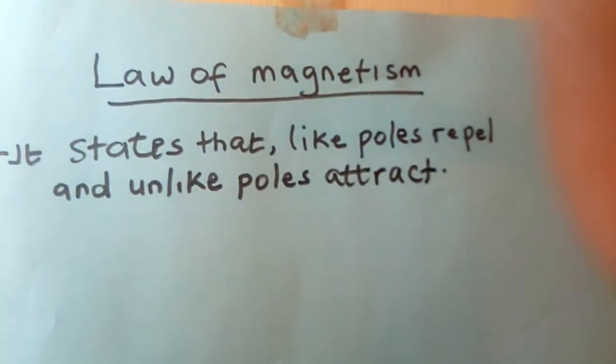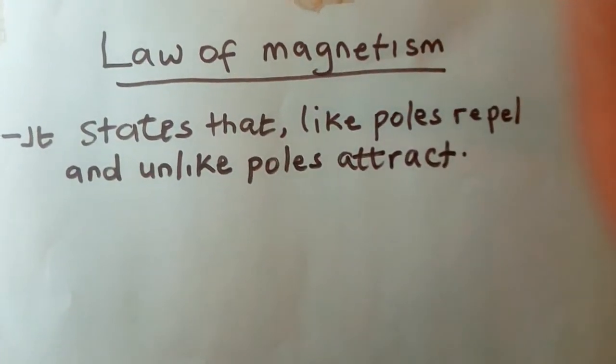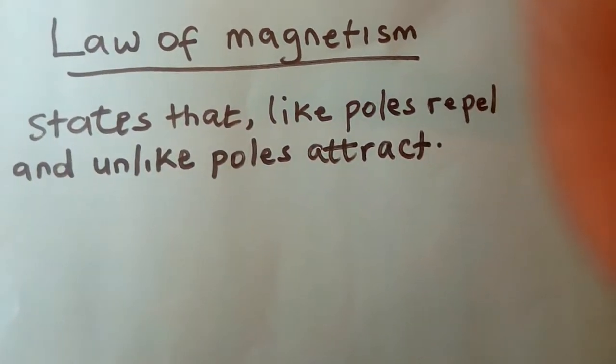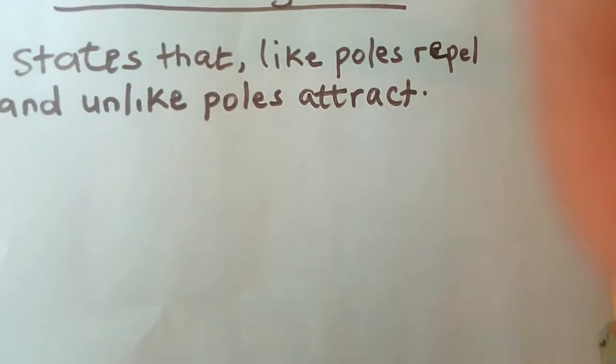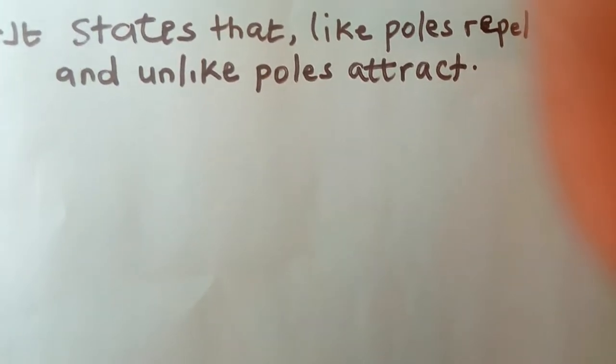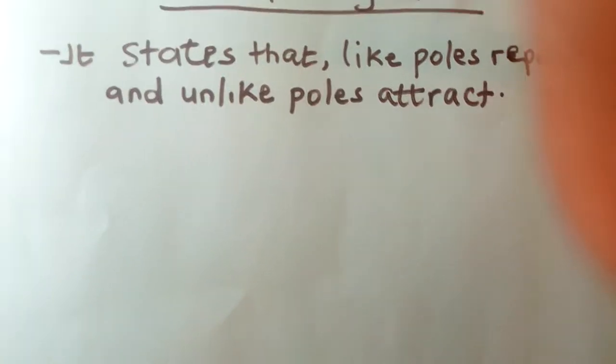So the law of magnetism states that like poles repel and unlike poles attract.